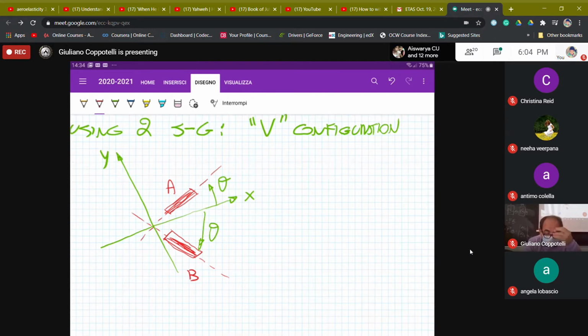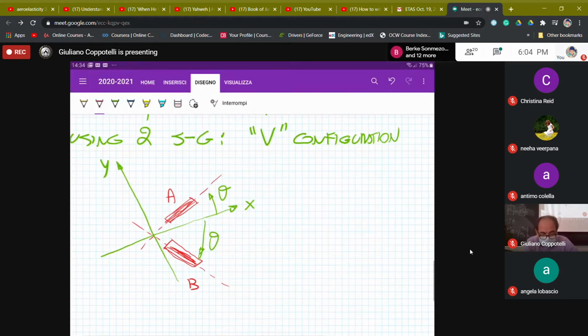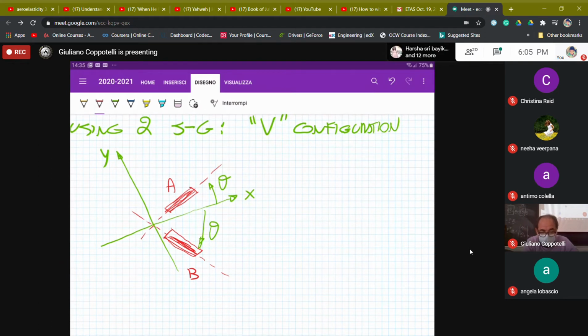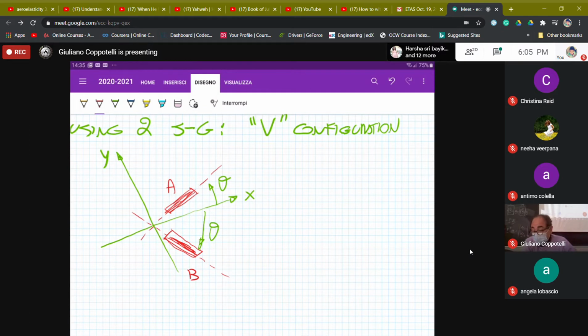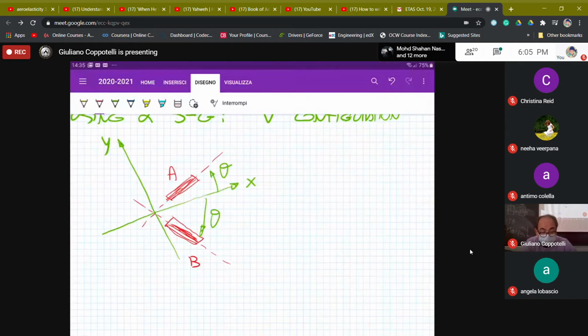Okay, so if you are using two strain gauges in that reference frame and you locate those strain gauges with an angle positive theta and negative theta like that, we can rewrite the very well-known equation that allows us to express a strain in a given reference frame in terms of another one.